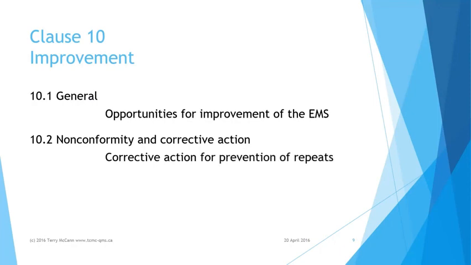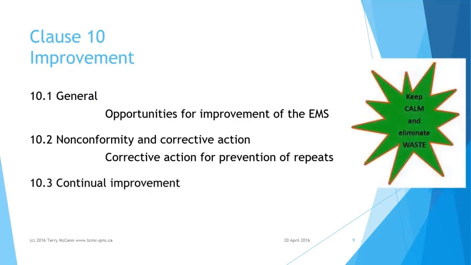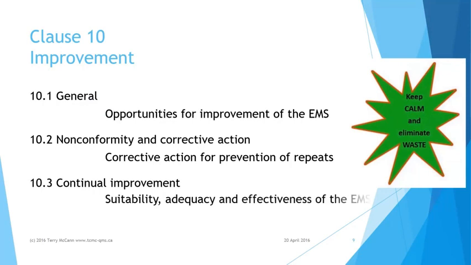Once it has been contained and impact addressed, you are required to evaluate the need for corrective action to eliminate whatever caused the non-conformity and prevent similar potential non-conformities from occurring. Finally, the organization is required to take steps to continually improve the suitability, adequacy, and effectiveness of the EMS.